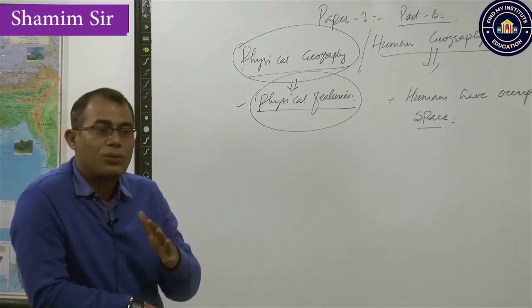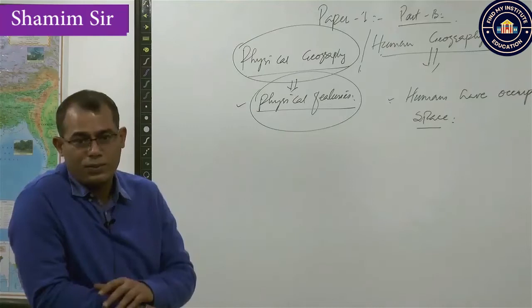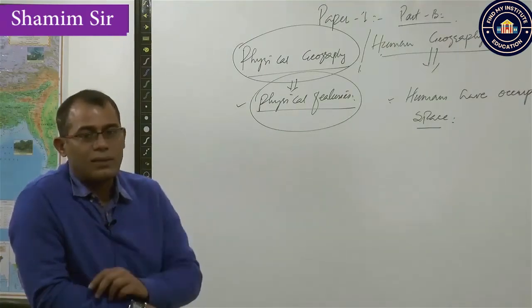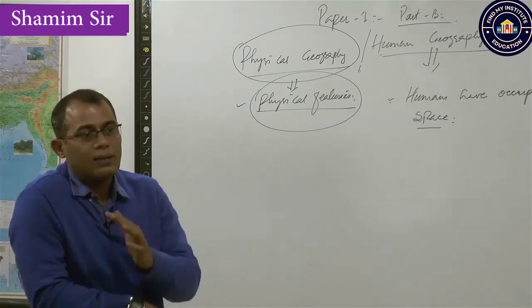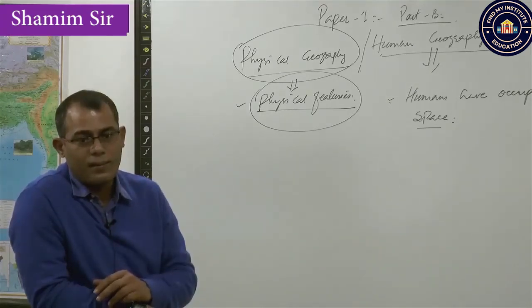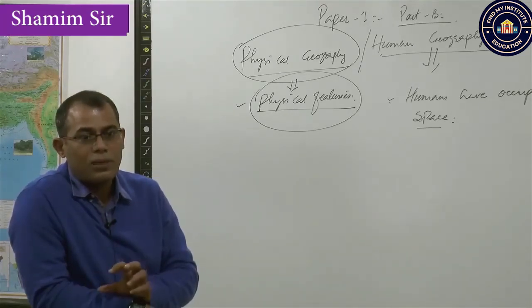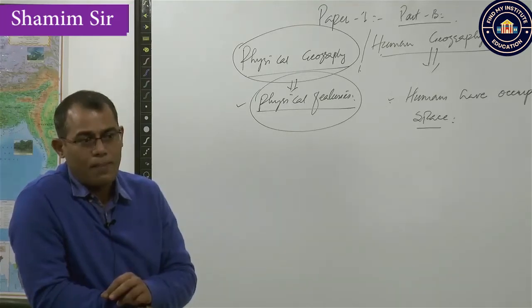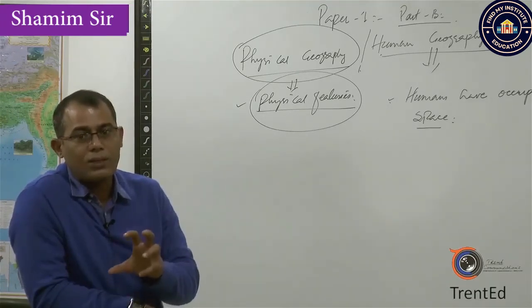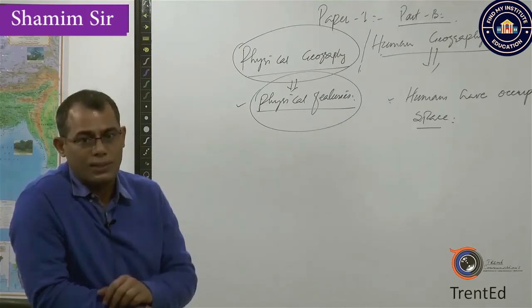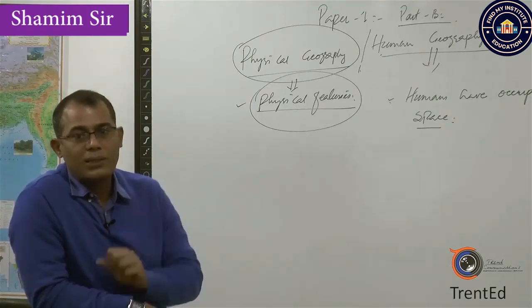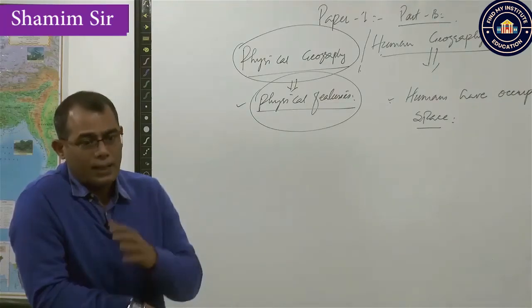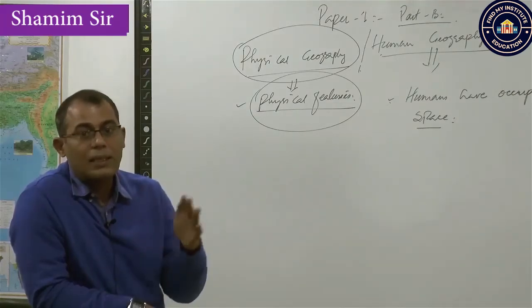Physical factors have an impact on economic factors and on social factors. That way geography becomes a multifarious subject, and you derive content from different sources, and the moment we derive content from different sources, it becomes complex, and the complexity is continuously increasing.